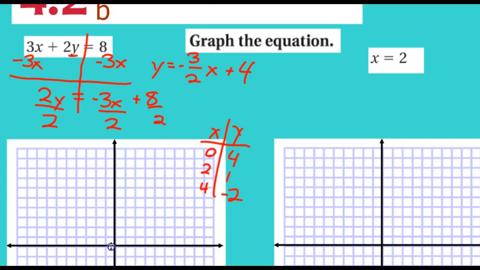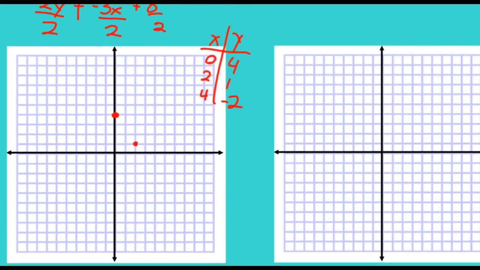So I have 0, 4, 0, 1, 2, 3, 4, my first point, 2, 1, my second point, and my third point is at 1, 2, 3, 4, down 1, 2. Just gotta connect my points. And I have a negative line.